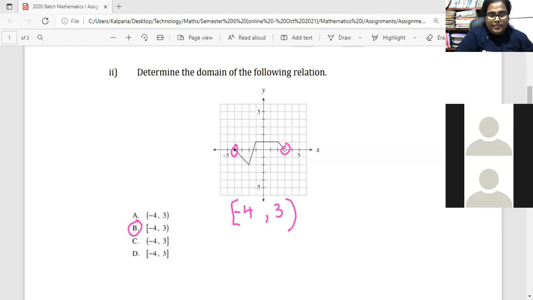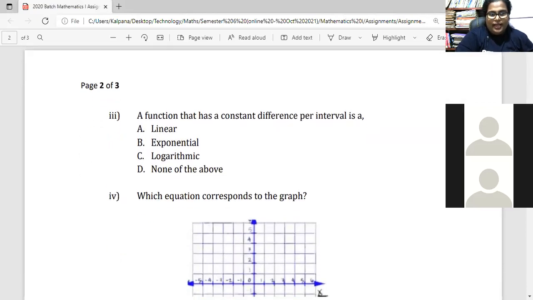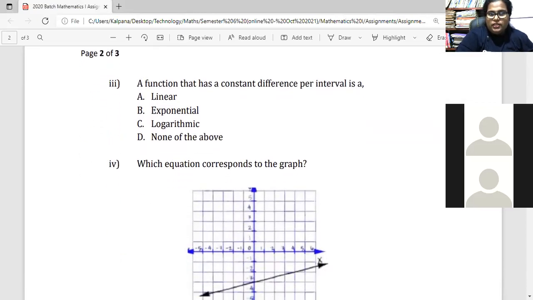Third part of this question 1 gives you a function that has a constant difference per interval. Four answers are given: linear, exponential, logarithmic, and none of the above. So it is given that the function has a constant difference per interval.